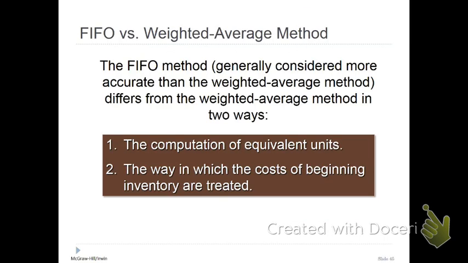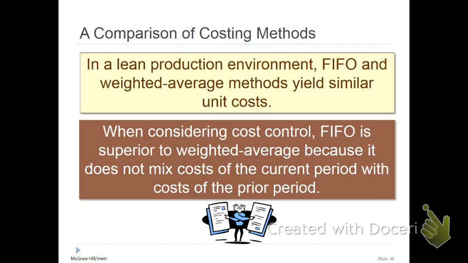Okay, so FIFO is more accurate in completing the computation of equivalent units and the way those beginning costs are treated. So it is more accurate, but for purposes of class, we're just going to do weighted average. Notice what this says, and this is exactly what I made mention of a moment ago.